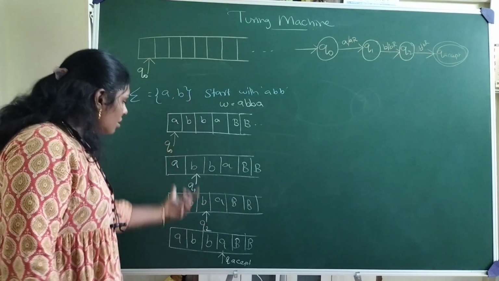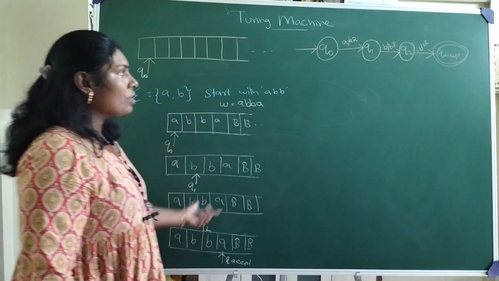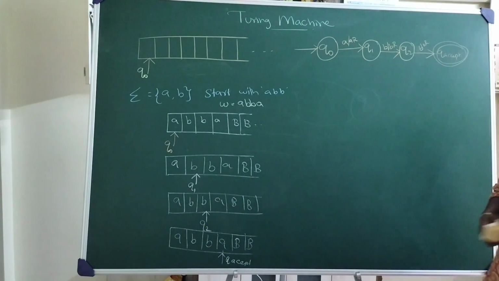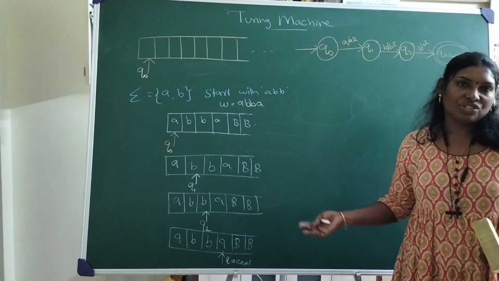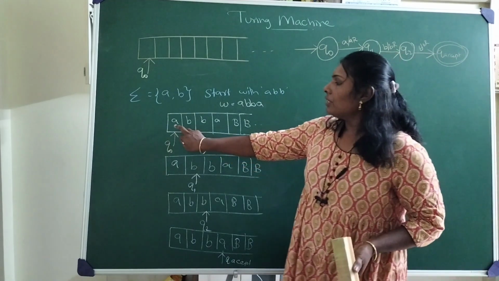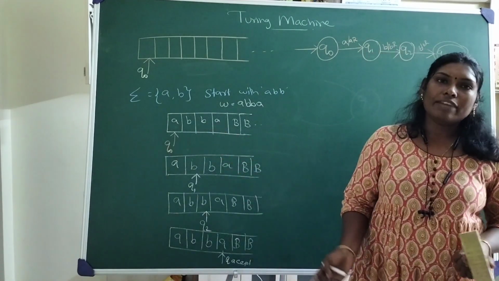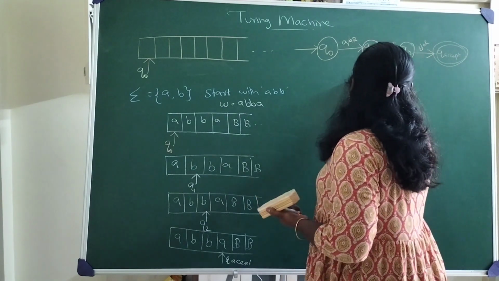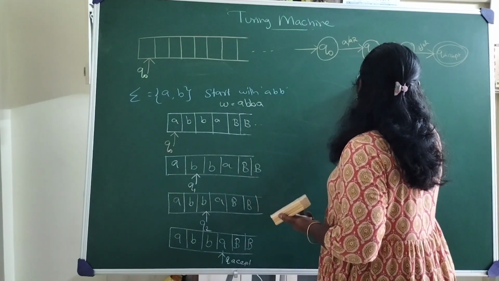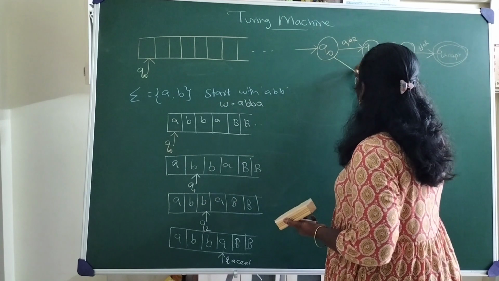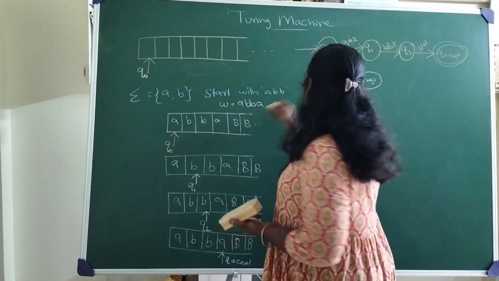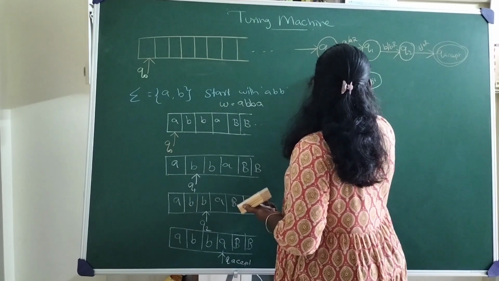Okay, so this is the transition tape structure and this is your transition diagram. And we exactly know that the input should start with ABB to be accepted. If it is not starting with ABB, we can have a rejection state too. See here, I can write Q reject here. If the input's first element is B instead of A, I can reject the input.